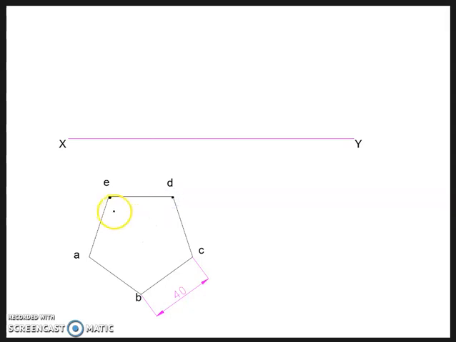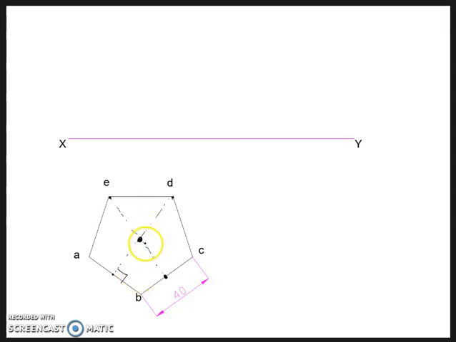So let's choose E and D. From E, we'll drop a perpendicular. That will intersect the midpoint of BC, and from D, I drop another perpendicular that will meet the midpoint of AB. Okay. Wherever these two perpendiculars meet, mark the intersection, that is your apex.